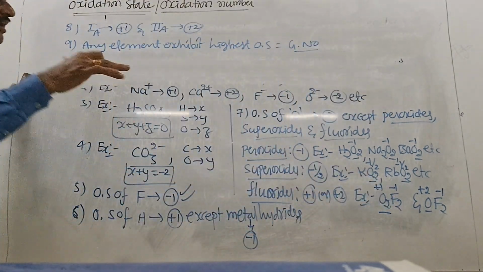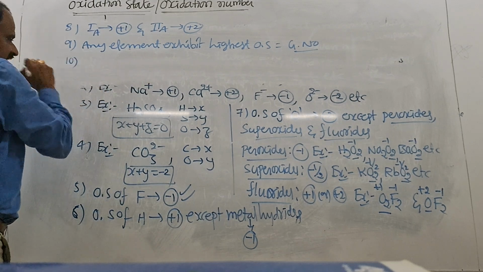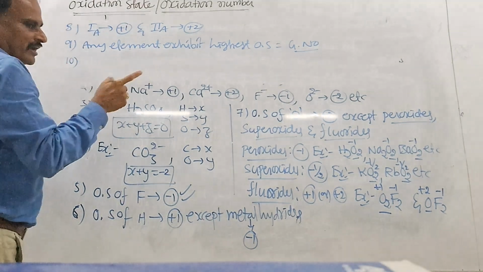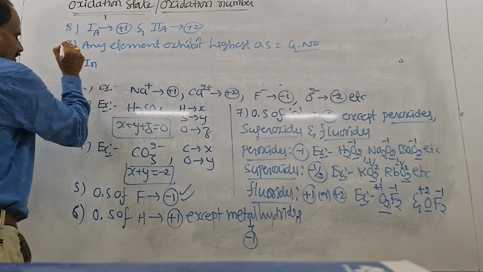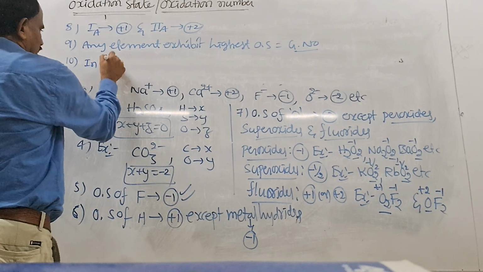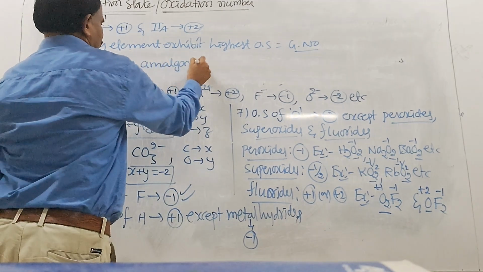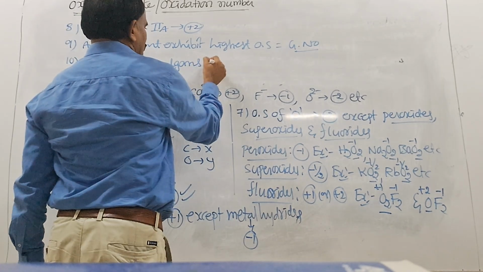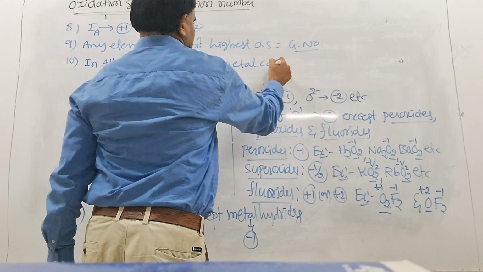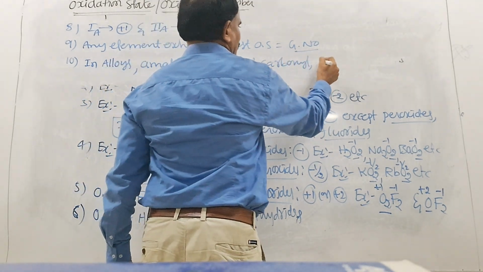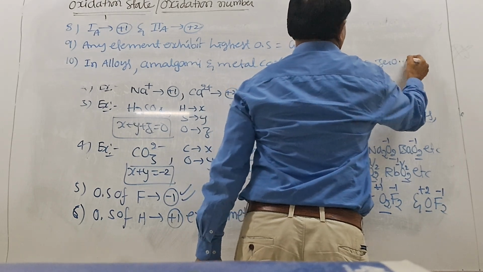This is very important when you go for second year coordinate compounds also. What is the oxidation state of a metal? It is 0. Amalgams, alloys and metal carbonyls exhibit a 0 oxidation state.